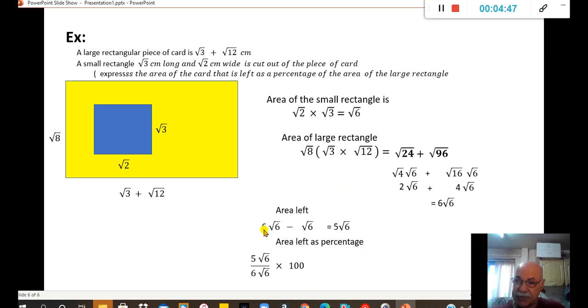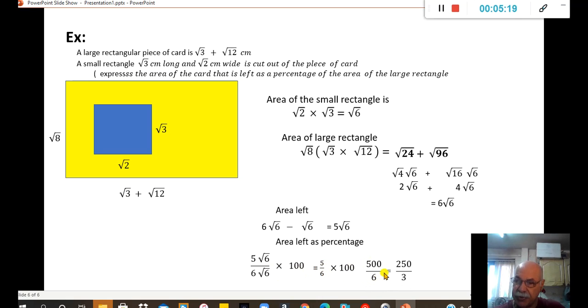The left area, 5 square root of 6, over the big area, 6 square root of 6, times 100 gives the percentage. The square roots cancel, so it becomes 5 over 6 times 100, which is 500 over 6.